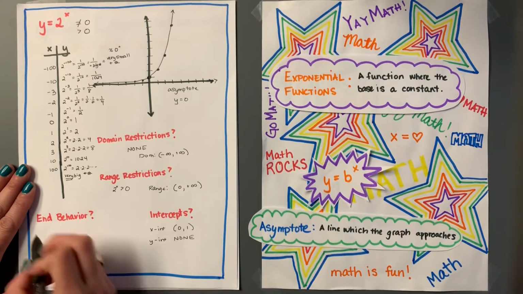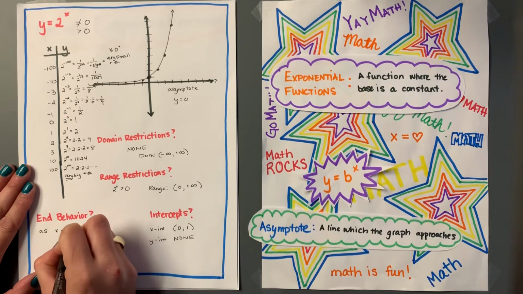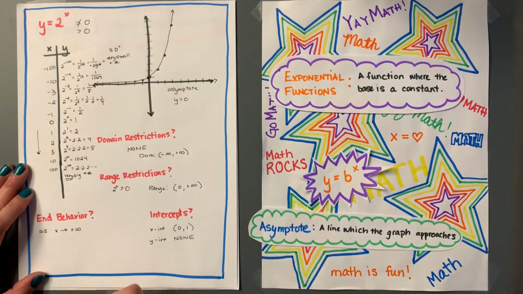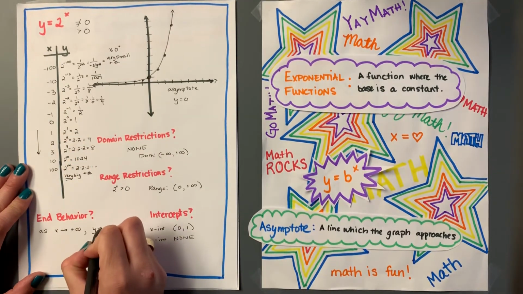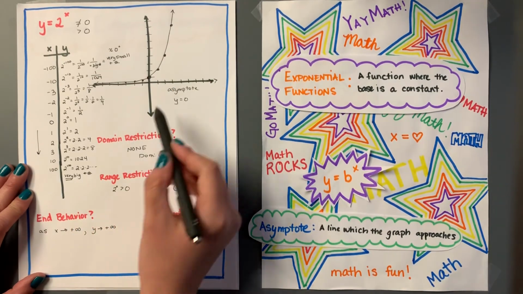But let's think about our end behavior here. As x approaches positive infinity, so as x gets bigger as we go in this direction, our y value is going to approach positive infinity. It's getting huge at a rapid rate.